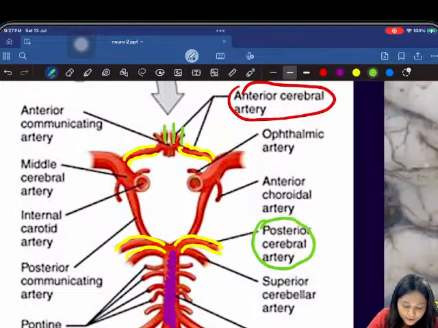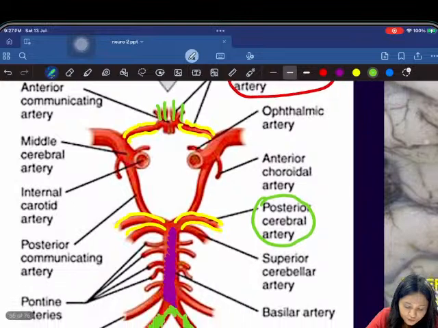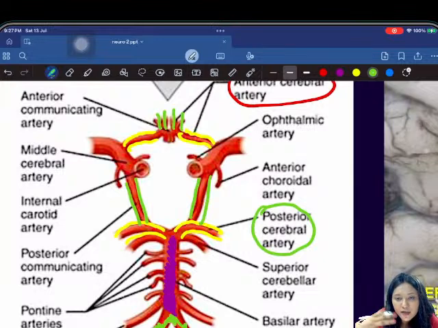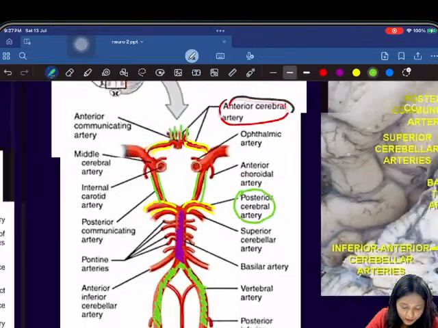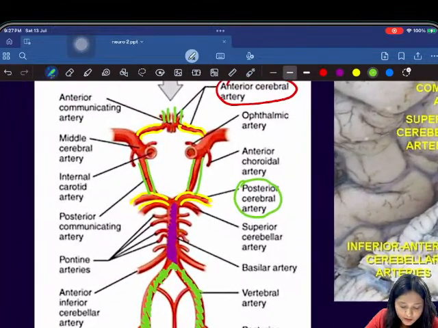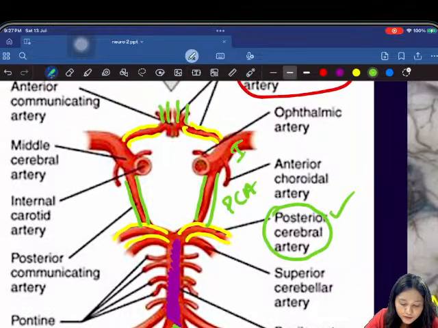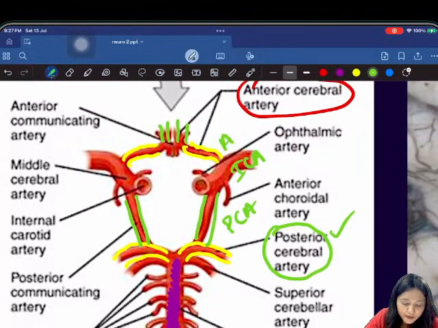Okay, and also these two are from internal carotid artery branches, and the posterior cerebral artery are joined by the posterior communicating artery. Okay, so this is the posterior communicating artery, and they are forming like a circle, so that's why they have the name circle of Willis. So you have seen that two vertebral arteries joined to form the basilar artery. Basilar artery is giving the posterior cerebral artery. From there comes the posterior communicating artery, and from the internal carotid artery you have the ACA and the anterior communicating artery.